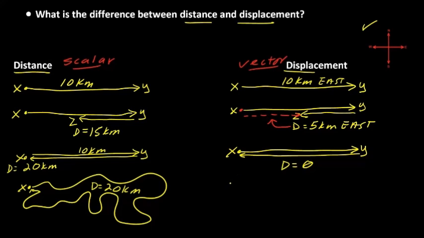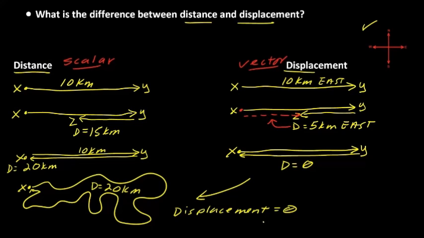All right, let's take a look at this next example down here. We walk this curved path. I won't redraw this path, but let's take a look at this. If we look at the distance that we traveled along this curved path, we traveled a total distance of, I said, 20 kilometers. But since we came all the way back to the original origin, our original starting point, the displacement is equal to 0.